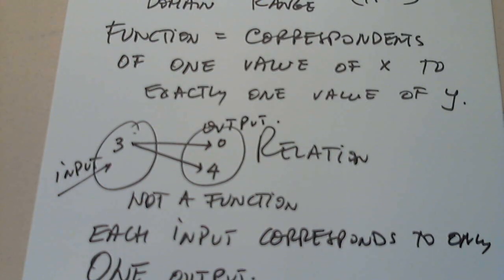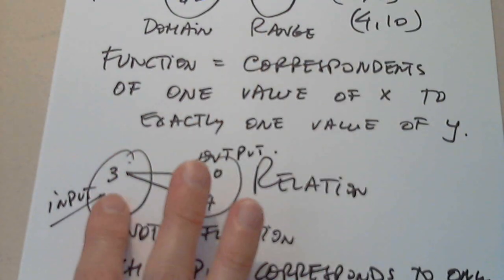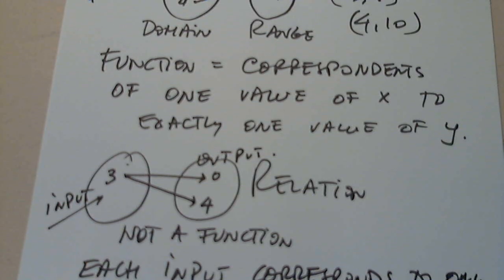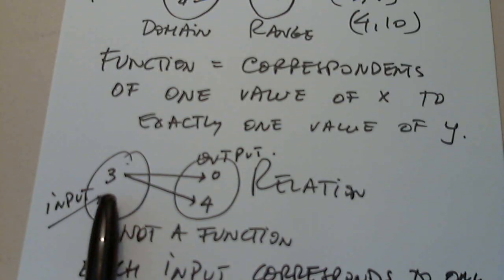Each input corresponds to only one output. If I find more than one output, it's not a function, it's a relation. The sets for a relation are still called domain and range. This is the domain of the relation, this is the range of the relation. So the sets are named the same. But the relation does not have each x corresponding to only one y.